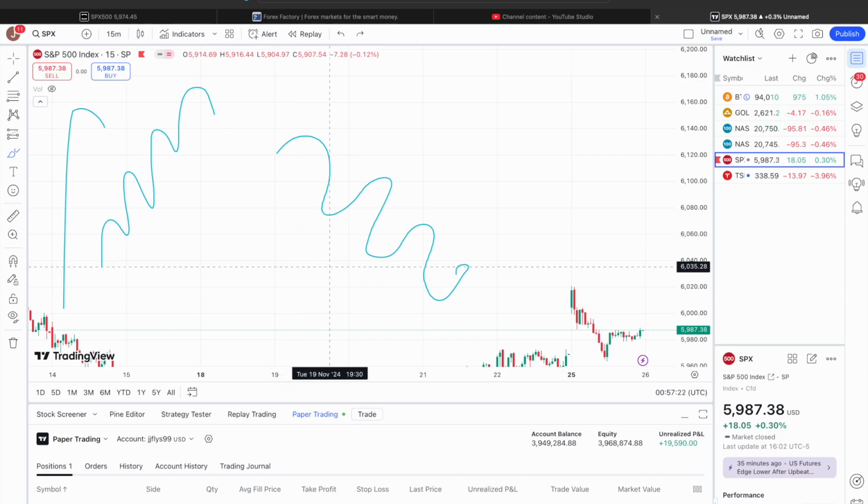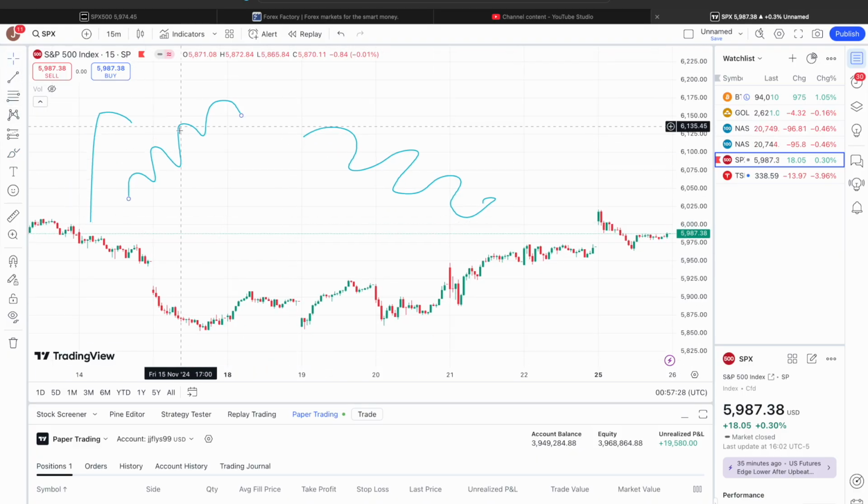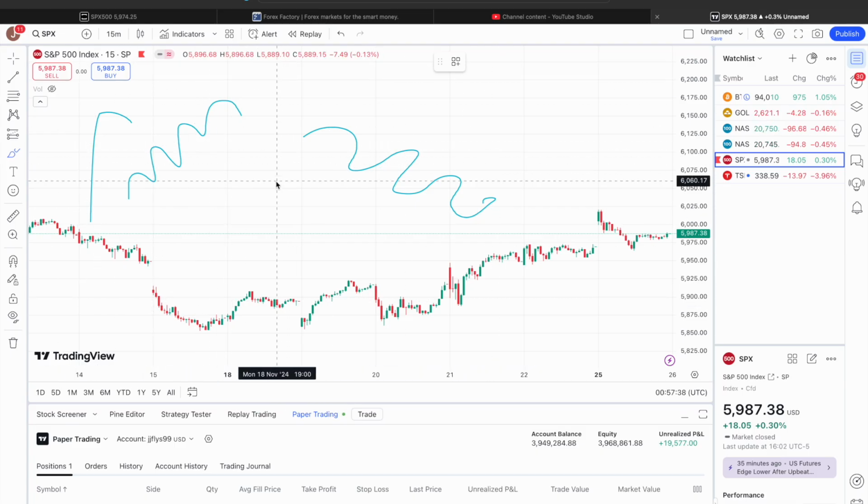So when you see liquidity or highs, price isn't going to reverse every single time it pushes past here, because like we can see here, this is an uptrend, and that's not how price moves. It moves in uptrends and downtrends and sometimes sideways.